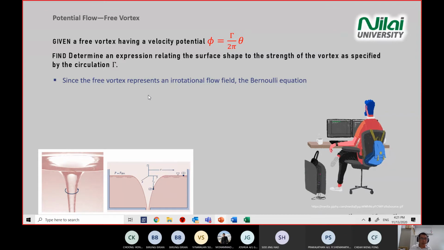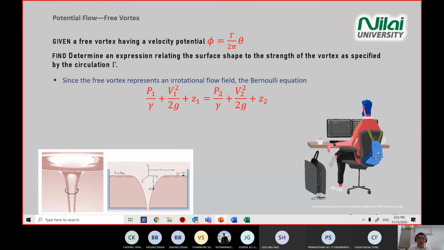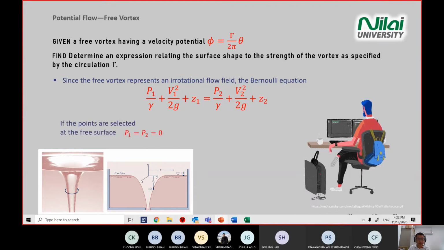Since we have an irrotational flow field, we can use the Bernoulli equation. We did this one: P divided by specific weight plus V squared divided by 2g plus z, the same for the other side, point 1 equal to point 2.